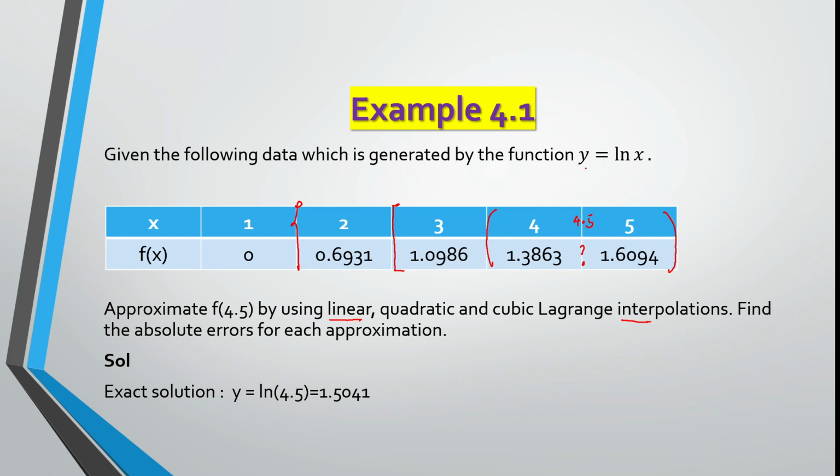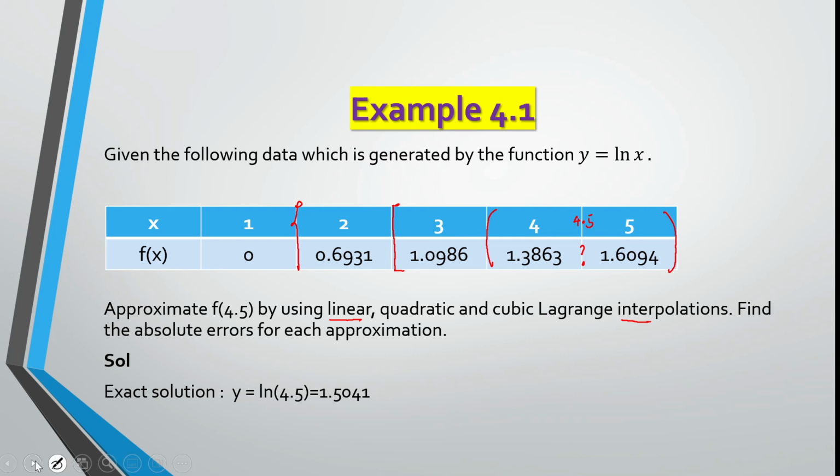The purpose of giving you the exact solution is so that you can calculate the errors. But in real applications, you may not have the exact function. If you know the exact function, you just put in the value and get the result. But normally we don't know the exact function. That's why we need the interpolation techniques.